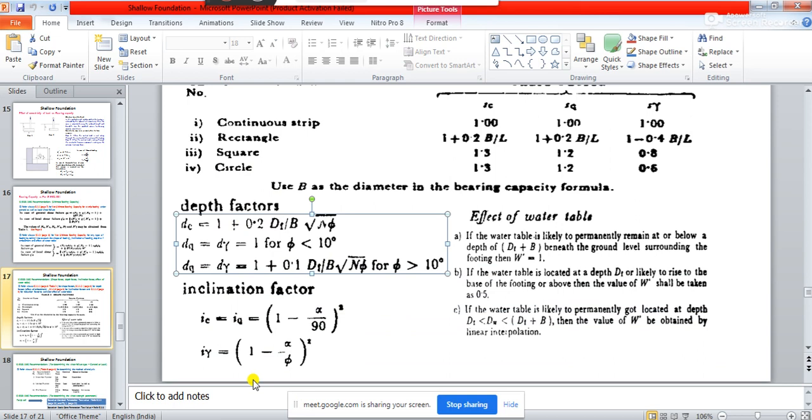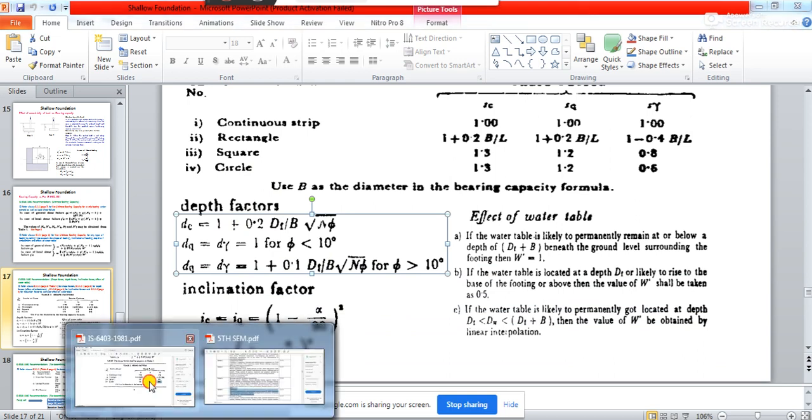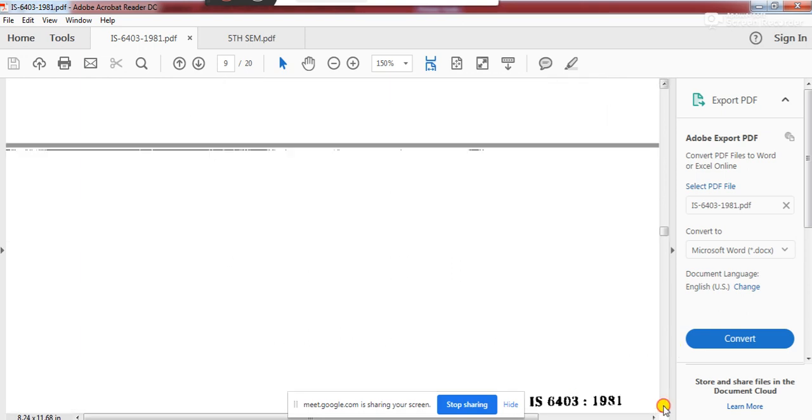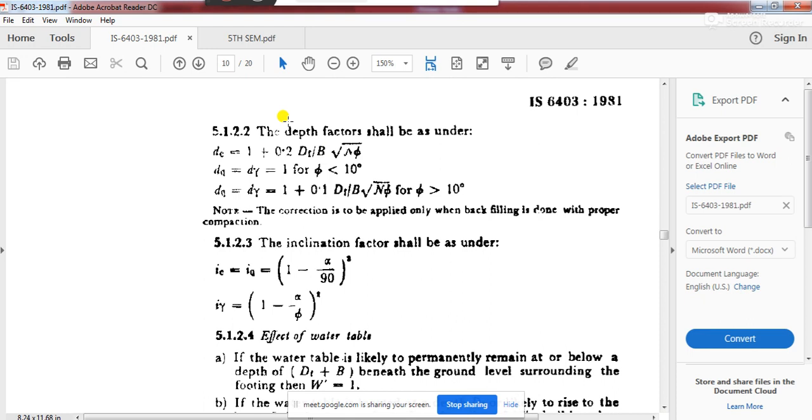So you see DC, DQ, D gamma. In the next page the depth factor values are given, that is DC, DQ and D gamma. Observe very carefully.